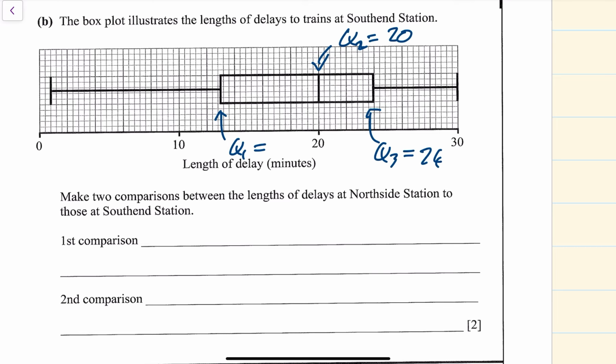How many is that? 1, 2, 3, 4, 5, 6, 7.5. So 7.5 lots of 0.4 are going to be 3. So that's going to be 13 for my lower quartile. So your interquartile range, we'll probably need both of these, is going to be 11.